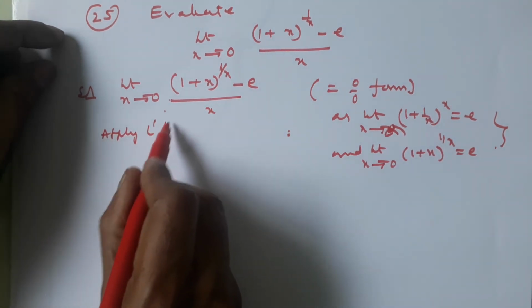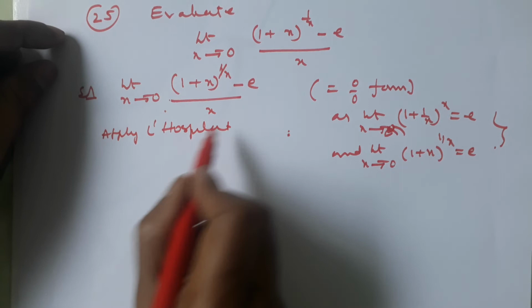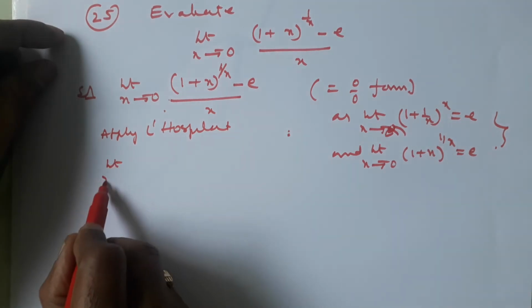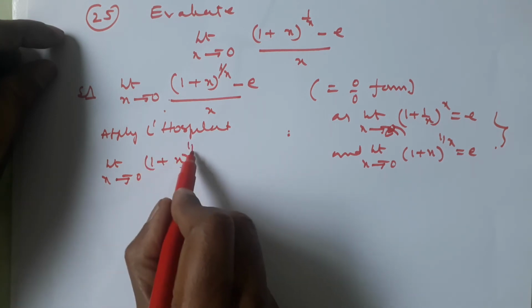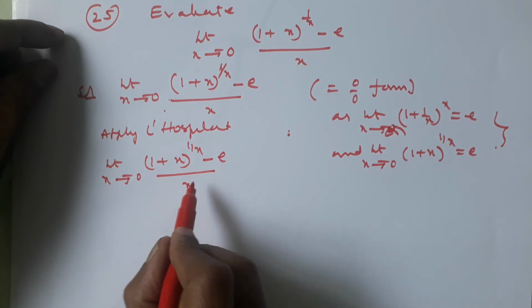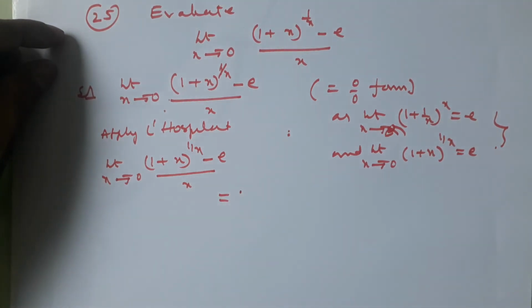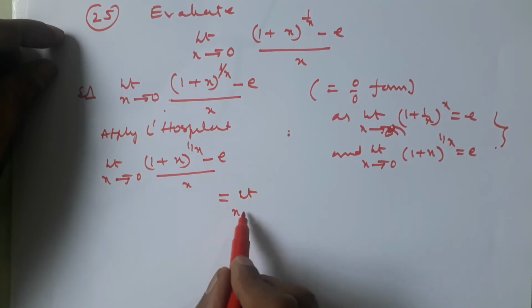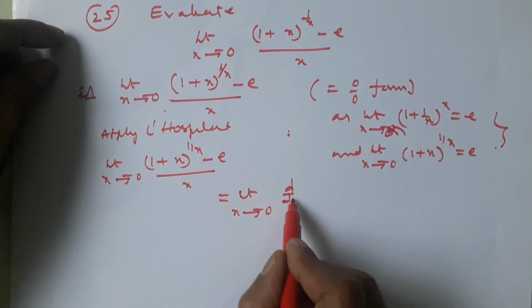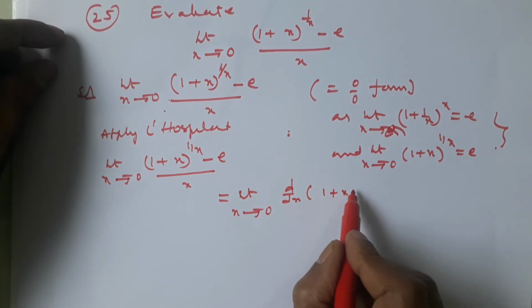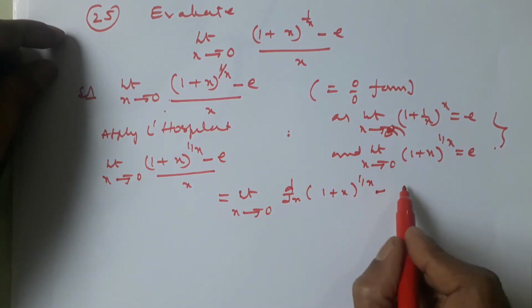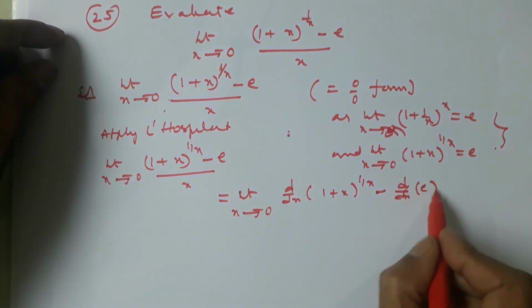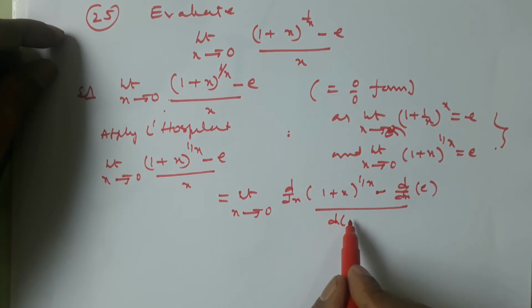Apply L'Hospital. Limit x tends to 0 of (1 plus x) whole to the power of 1 by x minus e, divided by x, is equal to limit x tends to 0 of d by dx of (1 plus x) whole power 1 by x minus d by dx of e, whole divided by d by dx of x.